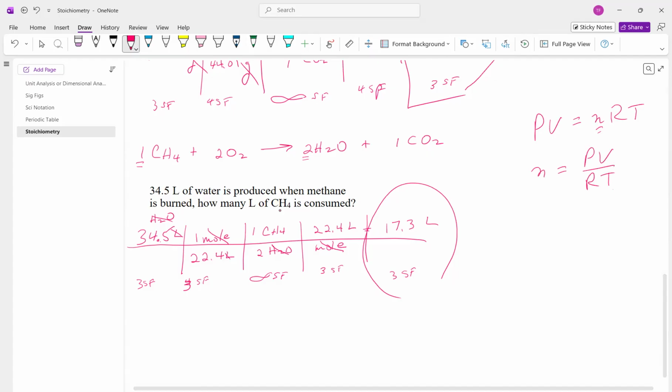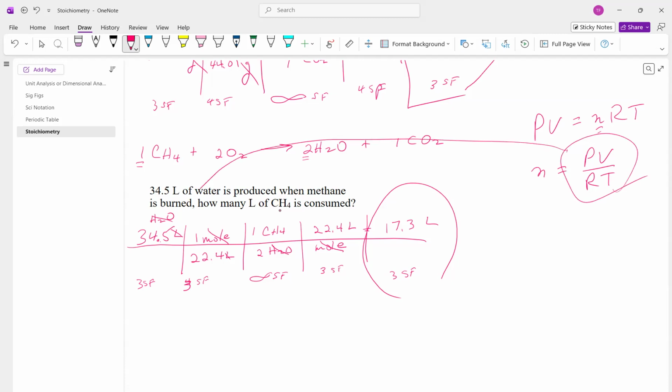You use it here or here, if you're not working at STP. It puts a wrinkle in things, but it's still 3 major steps. Convert to moles. How do you do that with a gas? We need to know pressure, number of moles, and temperature in Kelvin, which is a temperature scale we haven't talked about yet.